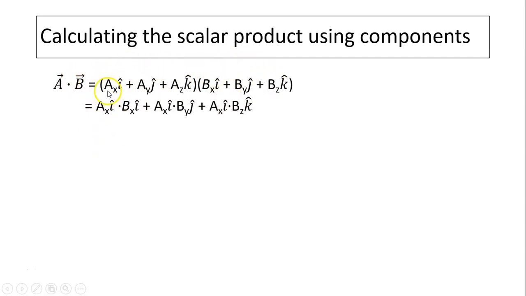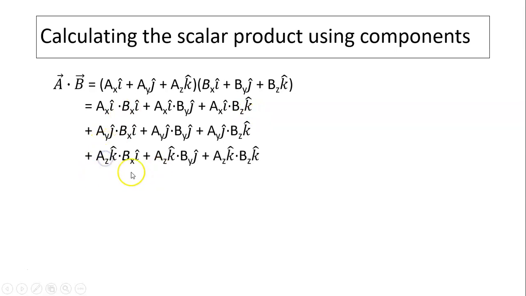So Ax i times Bx i, Ax i times By j, Ax i times Bz k. Now you do the same thing for Ay, then the same thing for Az. Take a look at this. Remember, these are the parallel dot products.